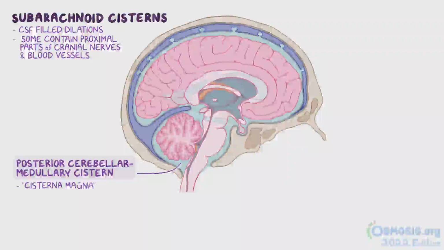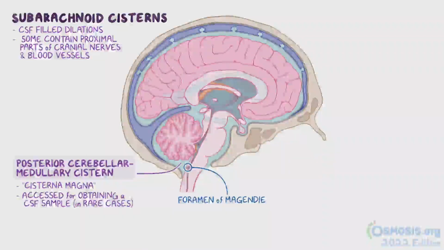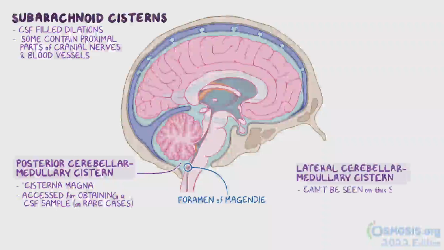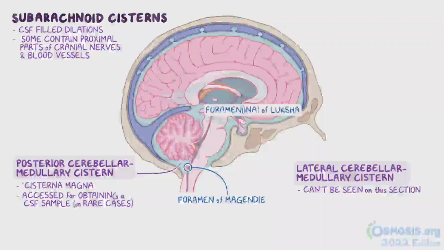It receives CSF from the foramen of Magendie, and can even be accessed for obtaining a CSF sample in some rare cases. On both sides of the cisterna magna, there are two lateral cerebellomedullary cisterns that can't be seen in this section. They receive CSF from the foramina of Luschka and contain cranial nerves 7 and 8.